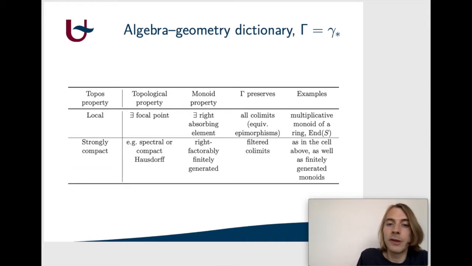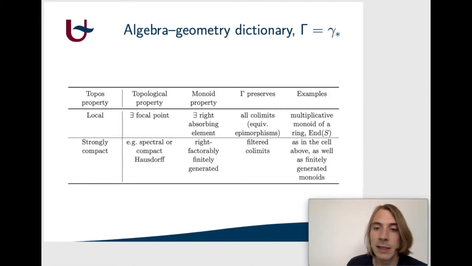A focal point is a point that has only open neighborhoods the whole space. Or in other words, it's the point that is contained in the closures of each other point. Examples of local topological spaces are, for example, the spectrum of a local ring.